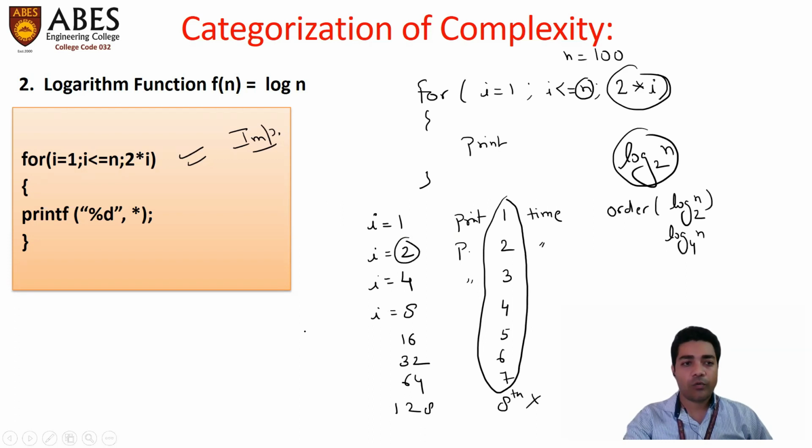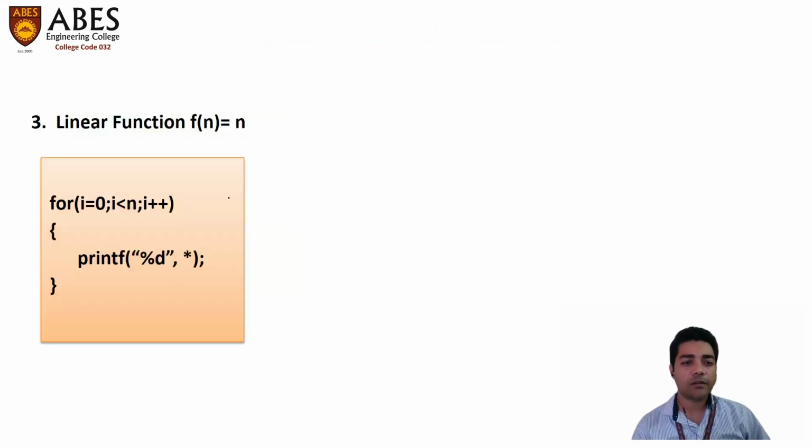Now moving on, the third function is a linear function. Why is it linear? Because the time complexity is of order n, as the code will run on the number of inputs. If n is 10, the order is going to be 10. If n is 100 at runtime, the order is going to be 100.